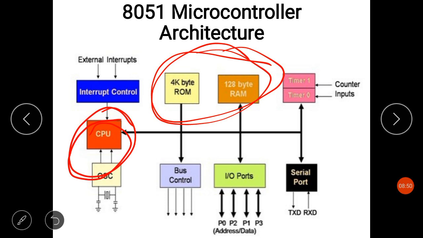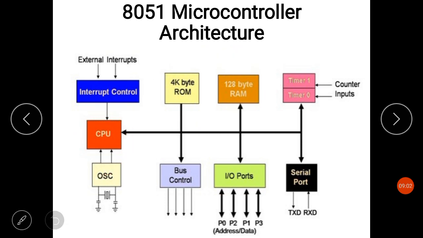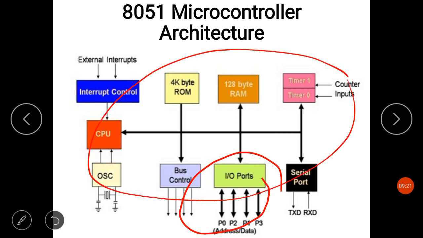Therefore, to connect the microcontroller to other machinery, gadgets or peripherals, we need input-output interfacing ports in the microcontroller. For this function, the 8051 microcontroller has 4 input-output ports to connect it to other peripherals.